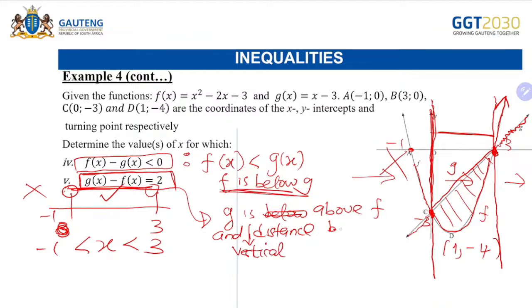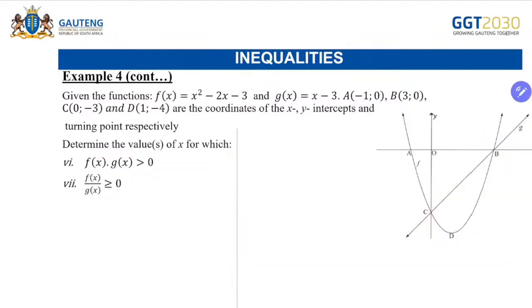The vertical distance between F and G is 2 units. So we are looking at the region where G is above F and the vertical distance between them is 2 units. Now I will answer it on this next slide because that graph is now not visible.